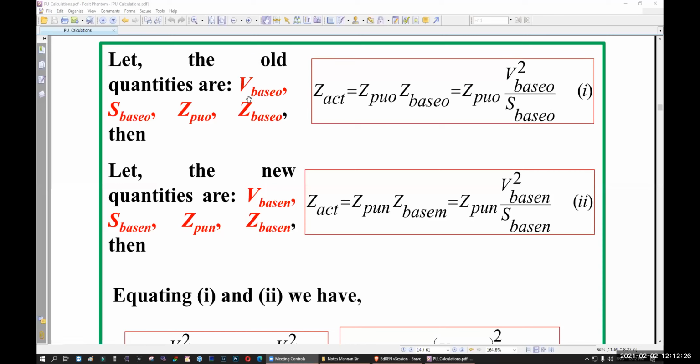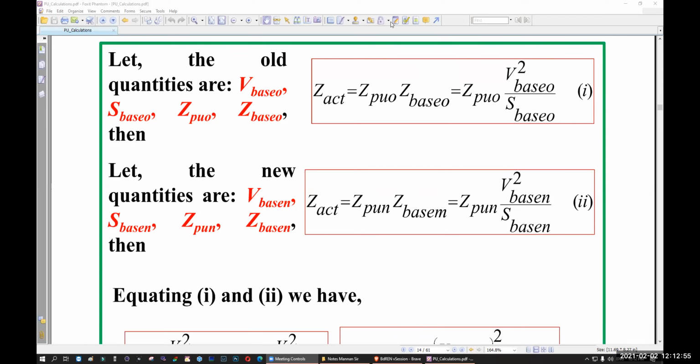So V base O, S base O, Z pu O, Z base O are all your old quantities, that means your rated quantities. So your actual Z is equal to Z per unit O times Z base O, which is Z pu O times V base O square divided by S base O, right?